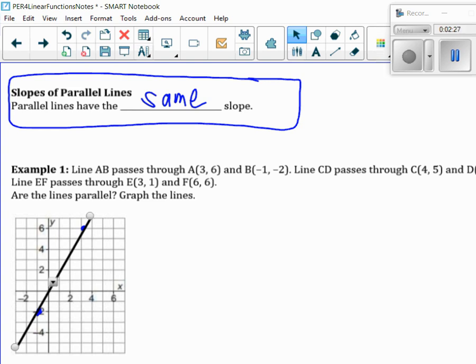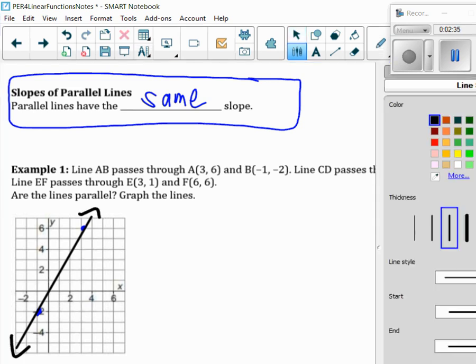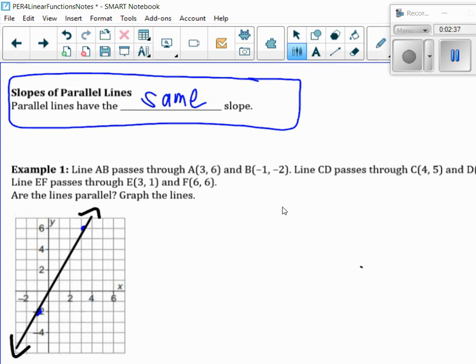And what am I supposed to do with the line? Arrowheads. Okay, so I'm going to label this point here. So this is B and this is A. Yes? Okay, so now I'm going to plot CD.